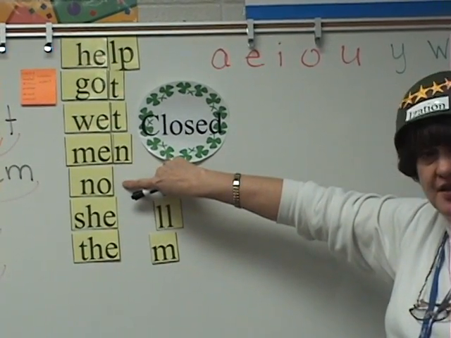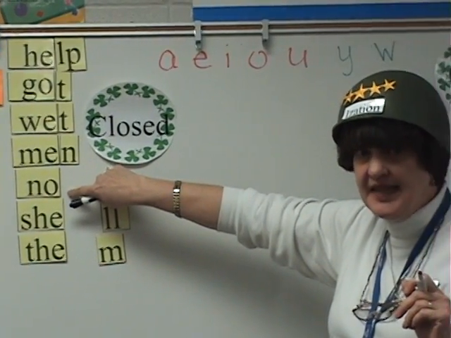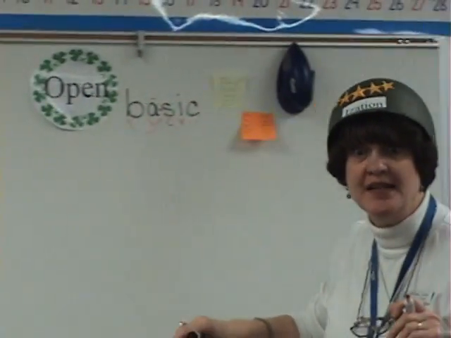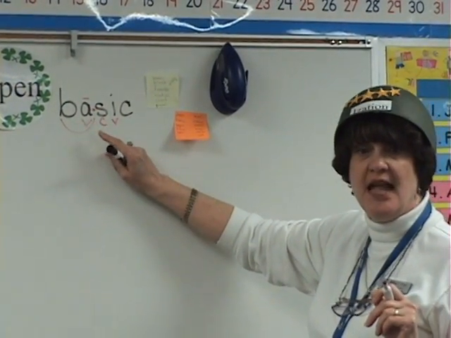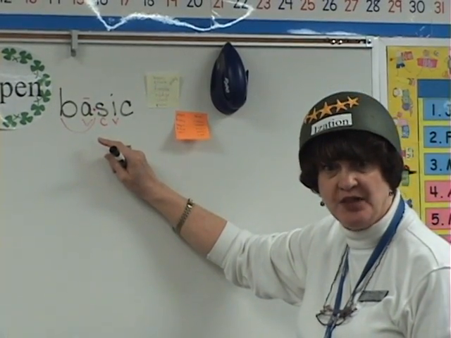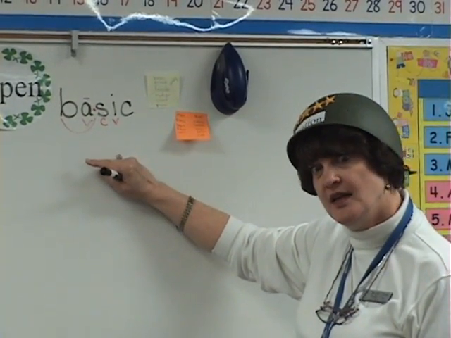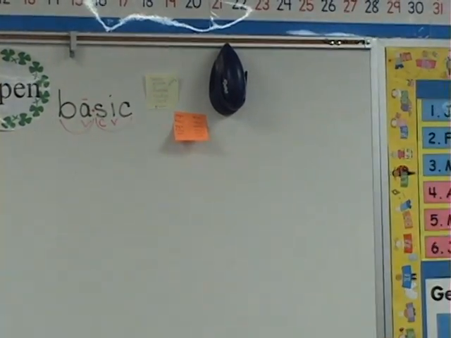It says its name. You're exactly right. So, what's this first syllable going to say? Bay. Oh, you are so good. Now, what's my second syllable going to say? Sick. What's my word, everybody? Basic. Ooh, y'all are good with generalizations.